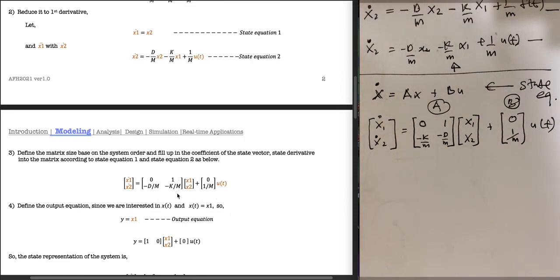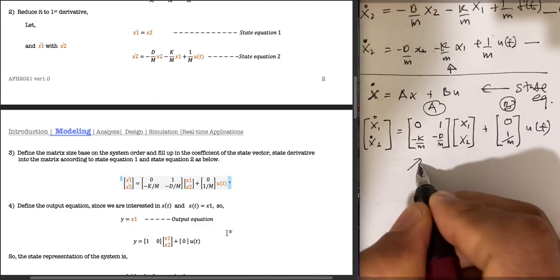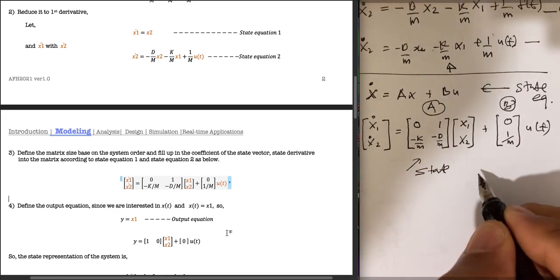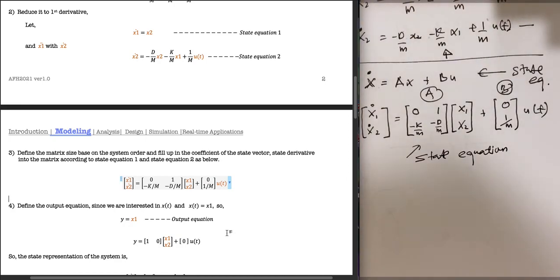I think this is x1. So this is, in fact, supposed to be k. This is supposed to be u(t). All right. And this is our state equation.